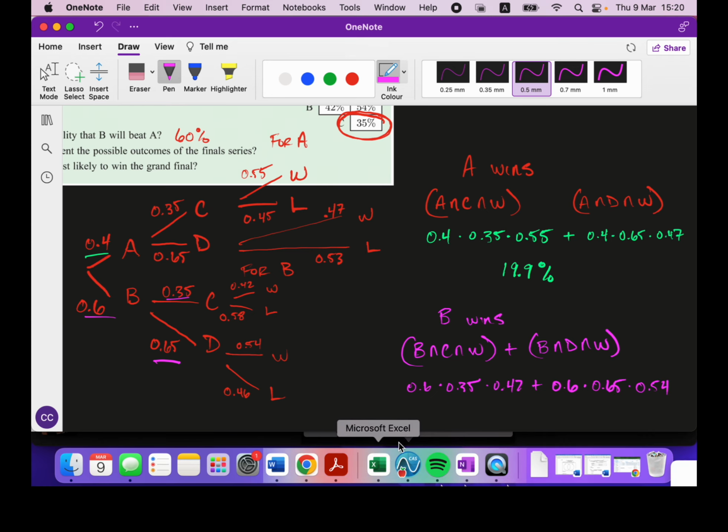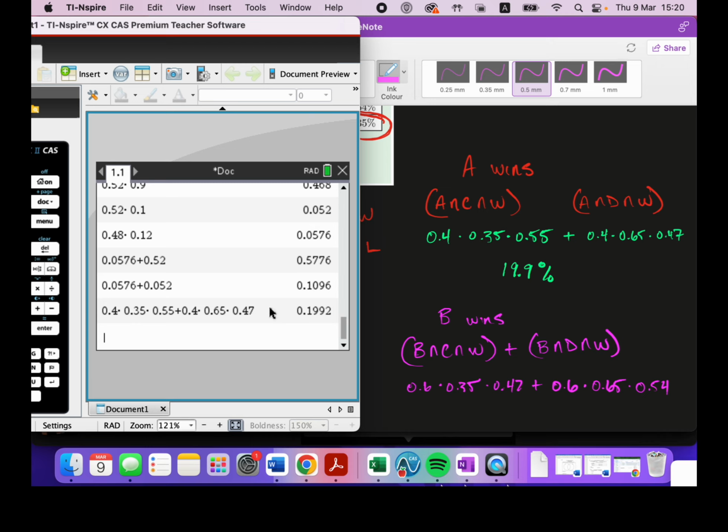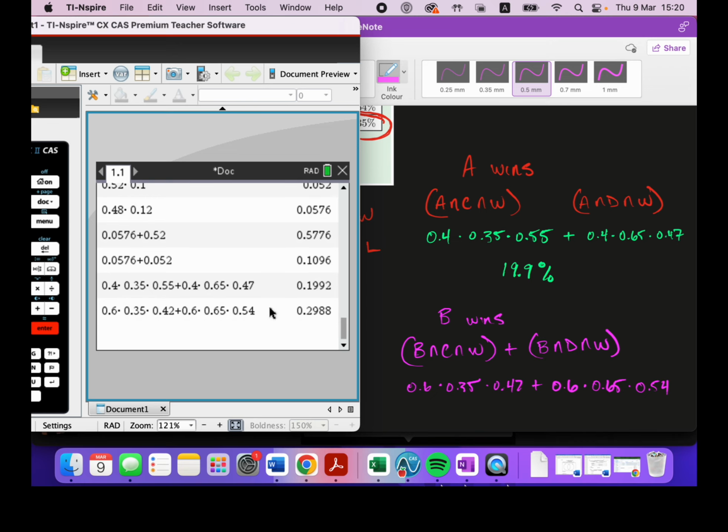And again, just plugging and chugging our way through with our calculator: 0.6 times 0.35 times 0.42 plus 0.6 times 0.65 times 0.54, and we'd see that they've got about a 29.9% chance of winning.